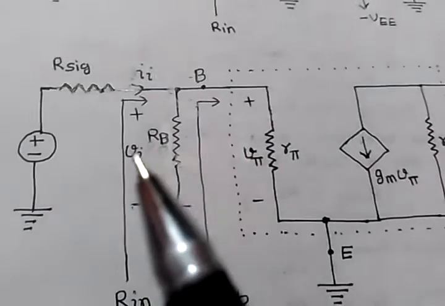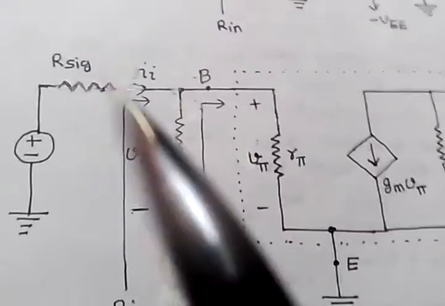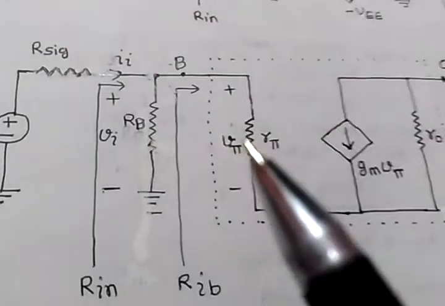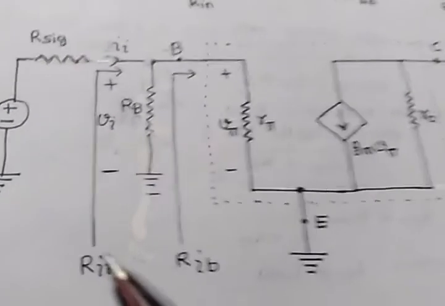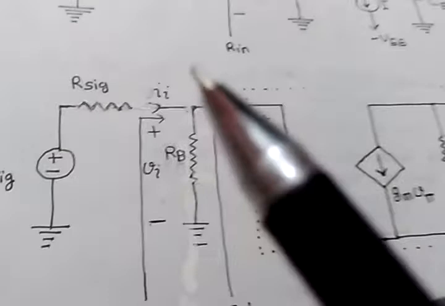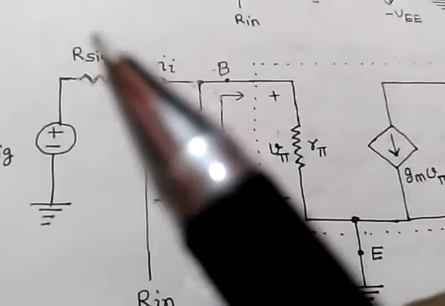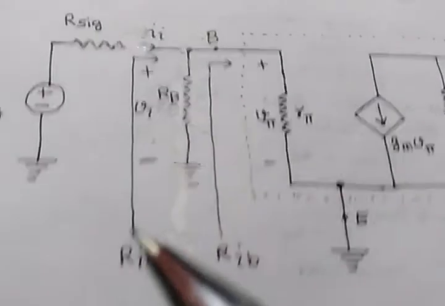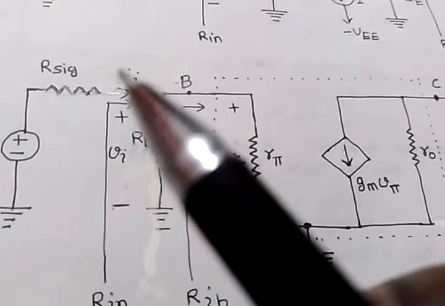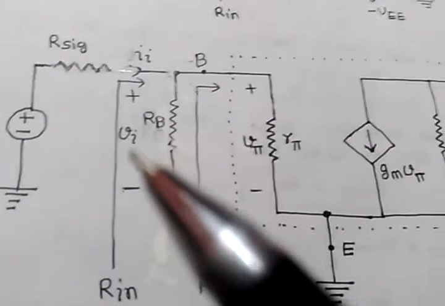So total resistance we can write as Rsig plus Rin, because parallel combination of Rpi and RB is indicated here as Rin. So current delivered by this signal generator will be Ii equals Vsig upon Rsig plus Rin. If we multiply this current with Rin, we can get the voltage Vi.